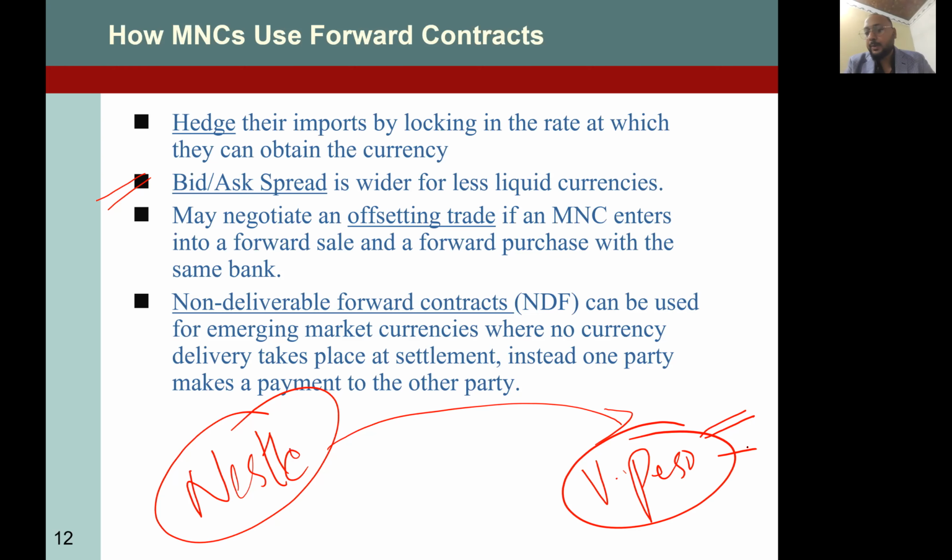No. All right. So in order to do this kind of business, remember, Nestle would definitely use a forward contract. Why? Because the bid ask spread is wider for less liquid currencies, because this is not a widely acceptable currency.